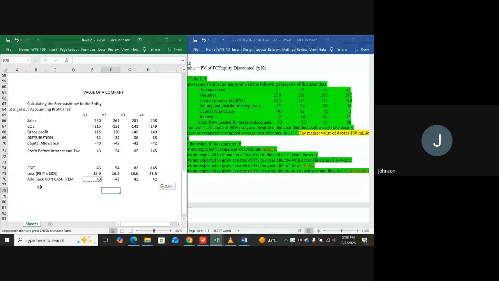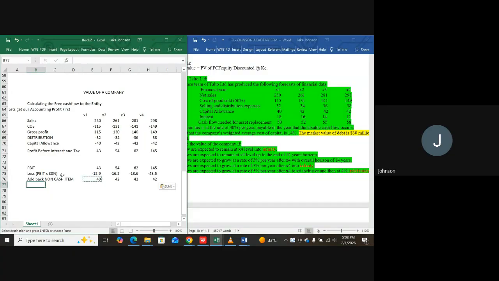Then what else are we supposed to do? We check, do we have a capital expenditure that we need to incur? Do we have working capital that we need to check whether it's an increase or a decrease? I think these are the two things, because we are not doing free cash flows to the equity, we're only doing free cash flow to the company.